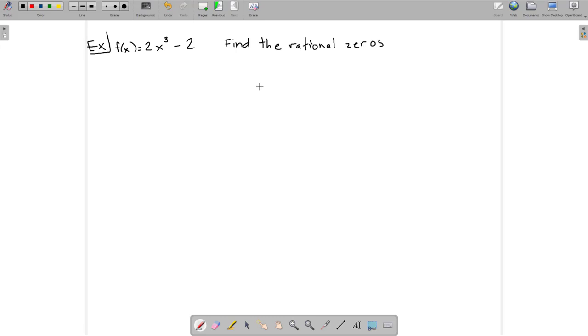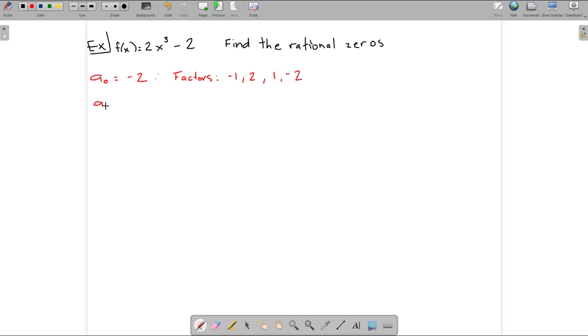Okay, and then I do quickly want to do an example of one that doesn't have a leading coefficient of 1, so that you'll have to actually check this a sub n. So let's quickly do that. a sub 0 here is -2. So if I'm listing the factors of that, you can have like -1 and 2, or you can have 1 and -2.